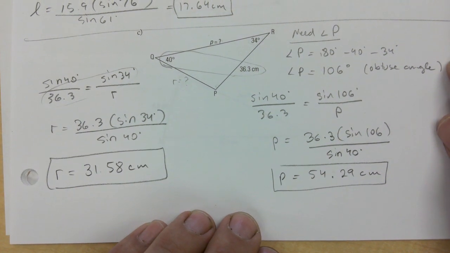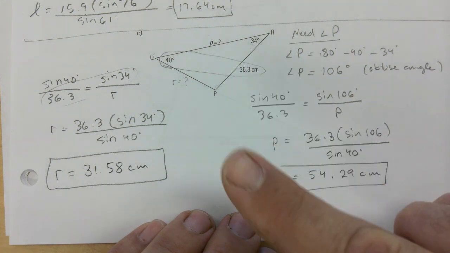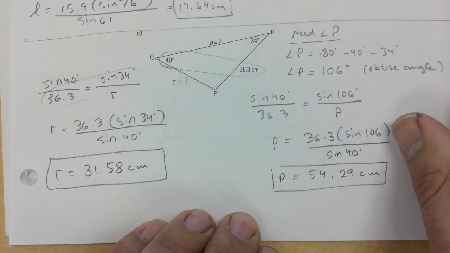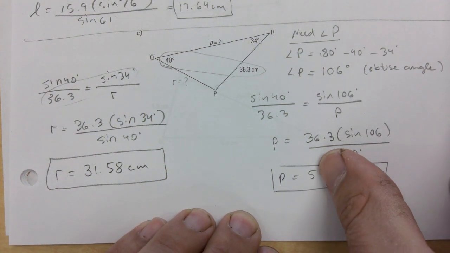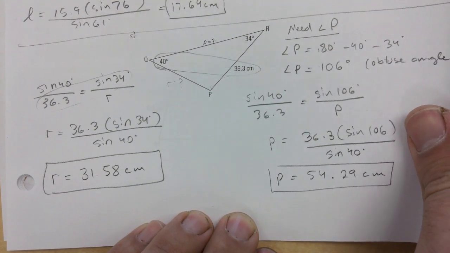Okay. So I'm just going to show you how to do angles as well. So all of these were side lengths. We're going to do one example of how to do angles. It's a little different, but the setup is exactly the same. Okay. So let's go to page 263.